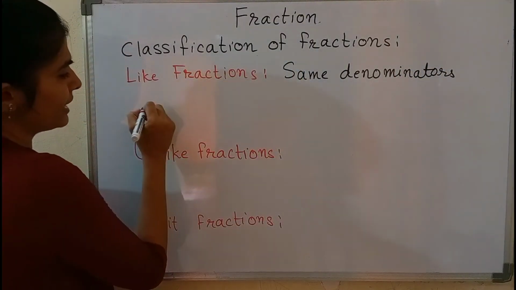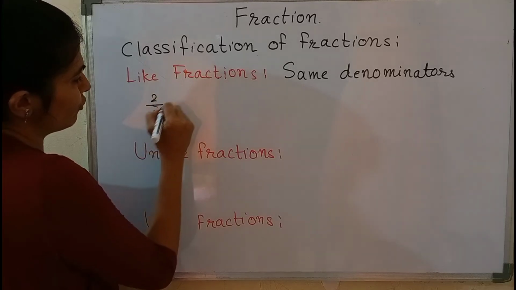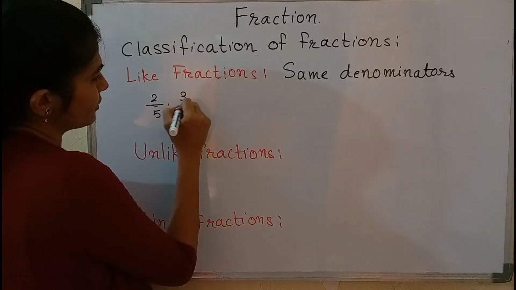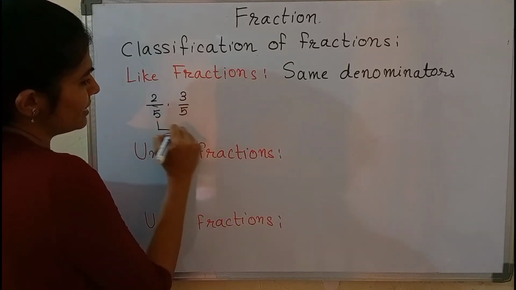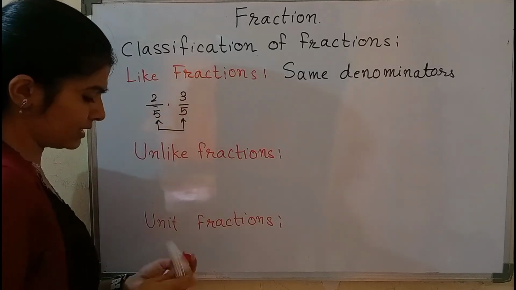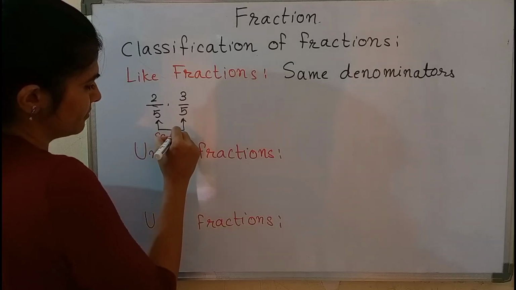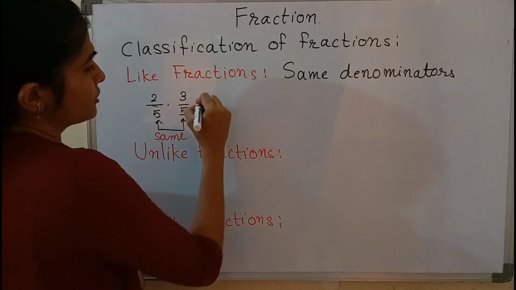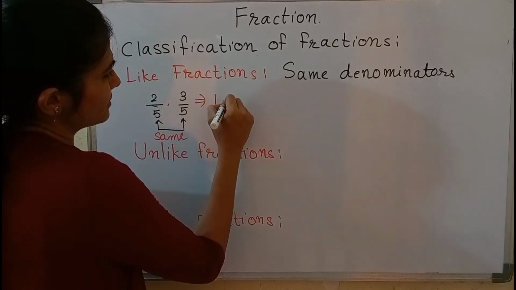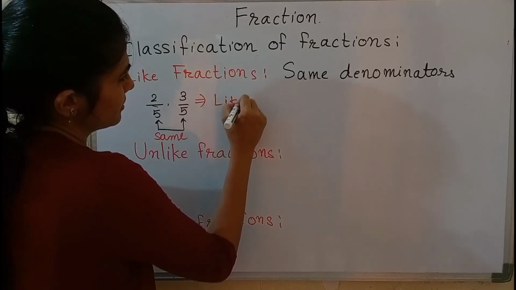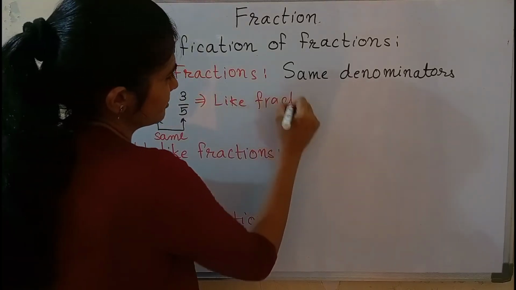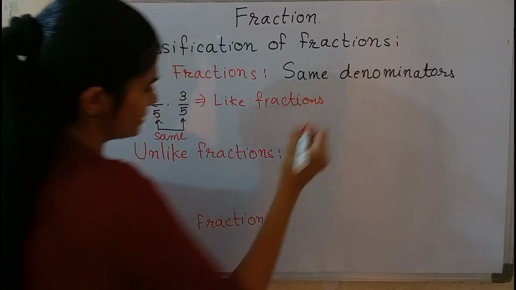So if I say 2/5 and 3/5, you can see that both the denominators are the same, right? So we can say that these are like fractions.